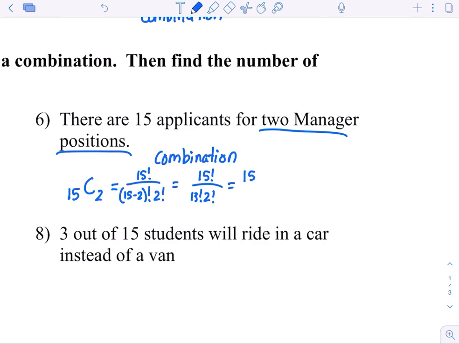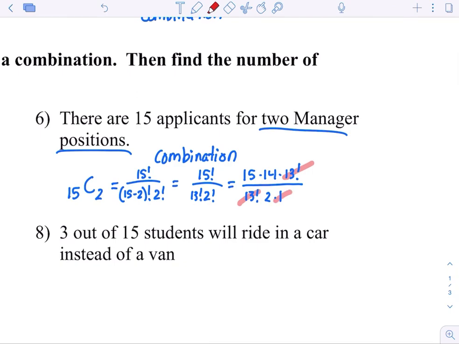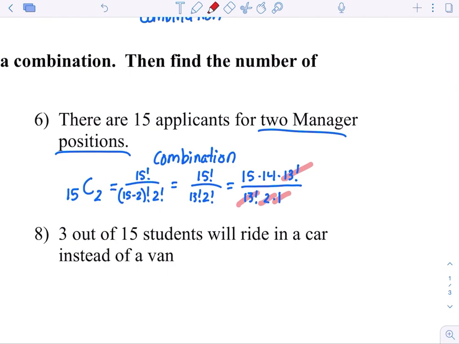So 15 times 14 times 13 factorial all over 13 factorial times 2 times 1. These cancel. The 1 is just a 1. 2 goes into 14 7 times. So we got 15 times 7, which is simply equal to 105.